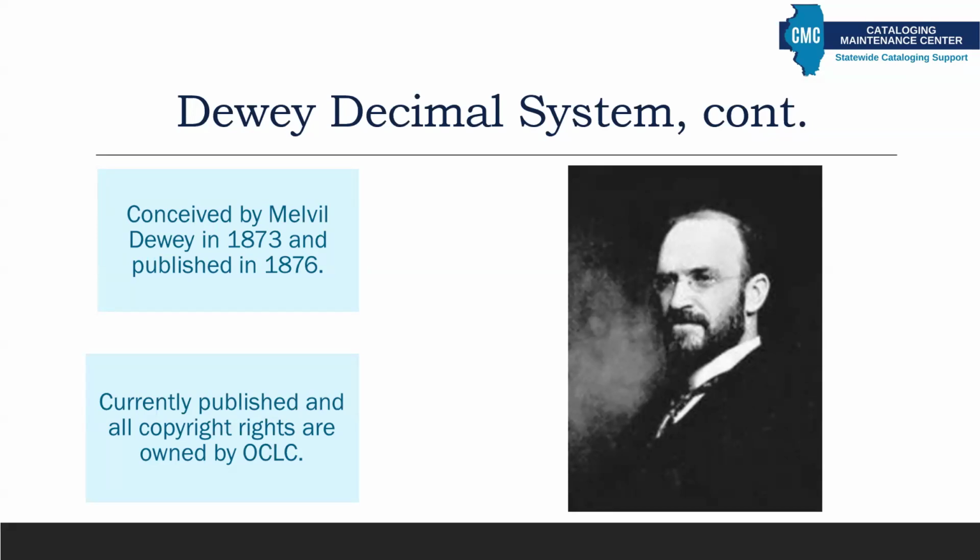Dewey is also used for other purposes, for example as a browsing mechanism for resources on the web. The DDC has been translated into over 30 languages. Translations of the latest edition of the DDC are completed, planned, or underway in Arabic, French, German, Italian, Norwegian, Spanish, Swedish, and Vietnamese. End quote.